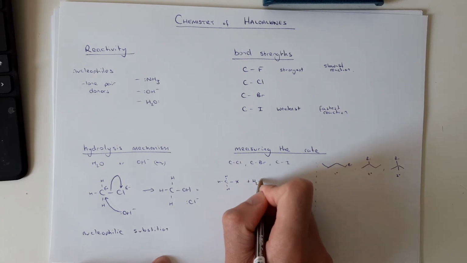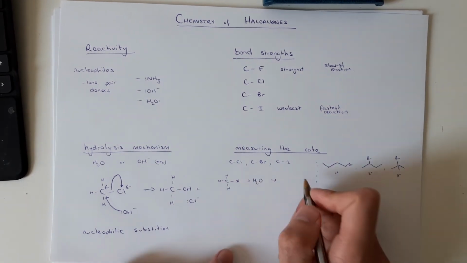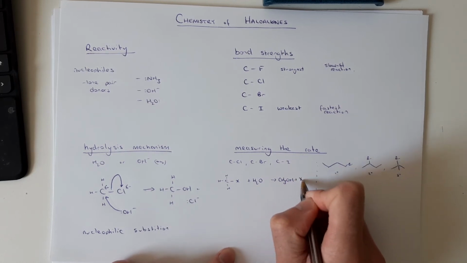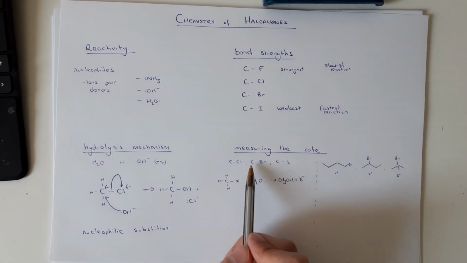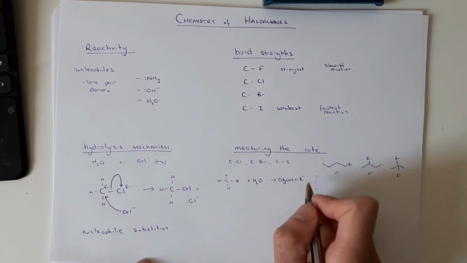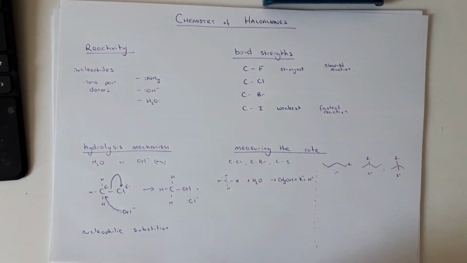If we do a hydrolysis, we form our alcohol, the halogen breaks off and we get a halide, so a negative ion, and we also get H+. Now these are all aqueous or liquid, so it's difficult to actually see any reaction occur here.